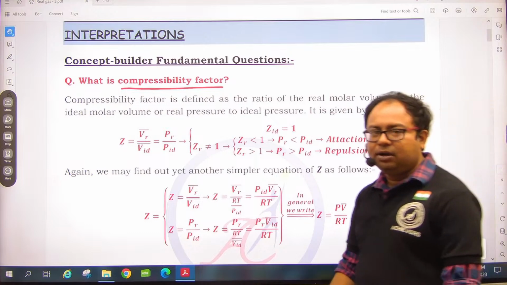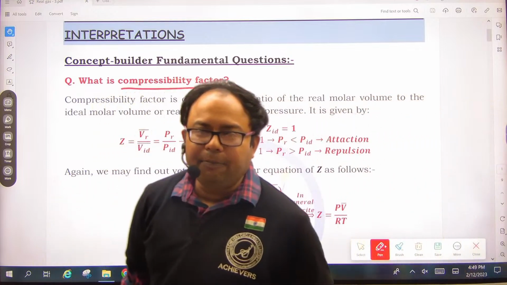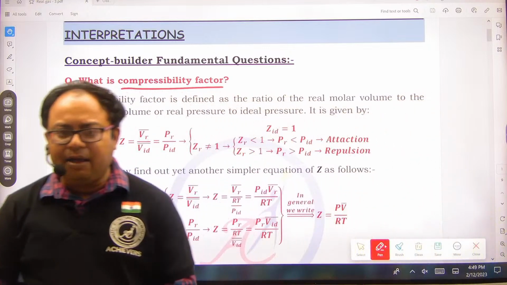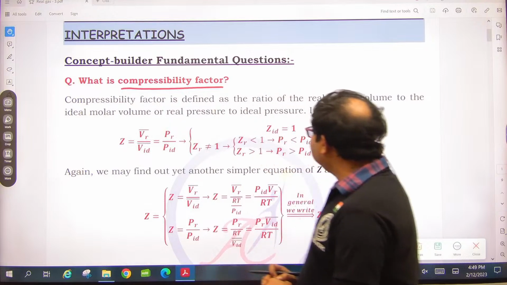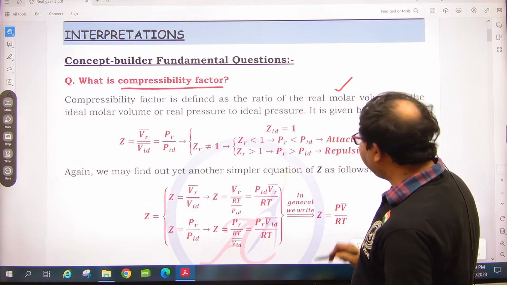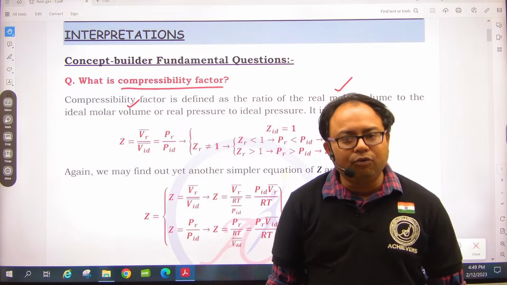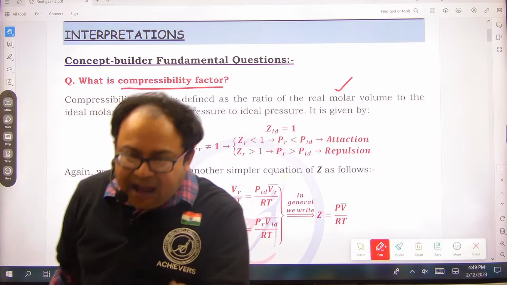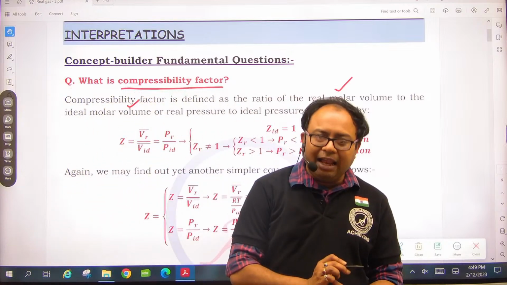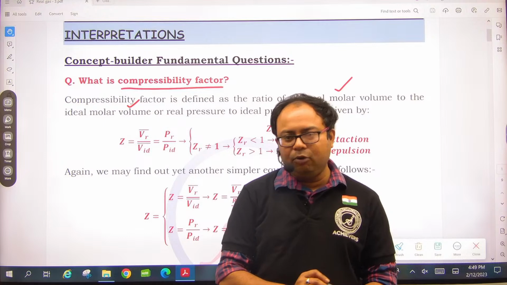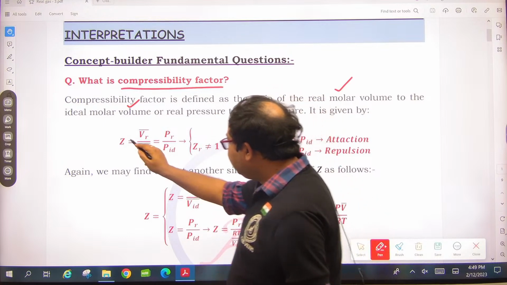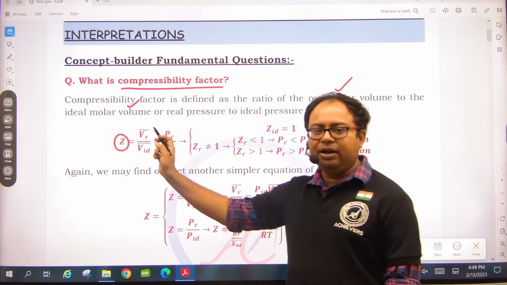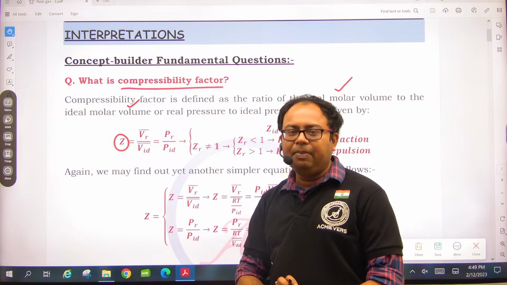At first, we need to define the compressibility factor. Compressibility factor is a physical parameter, and it is defined as the ratio of the real molar volume to the ideal molar volume. You can see compressibility factor denoted as capital Z. It is given by V bar real divided by V bar ideal.